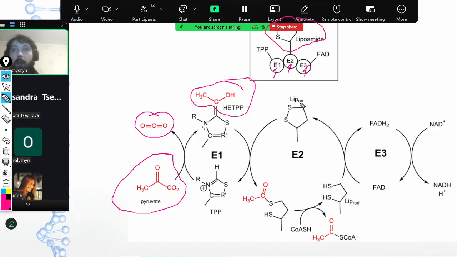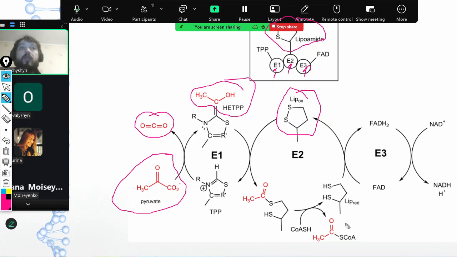This hand is basically performing one more reaction, taking away this part. Some covalent bonds are broken, and this part is taken away and moved to perform a reaction creating acetyl-CoA.